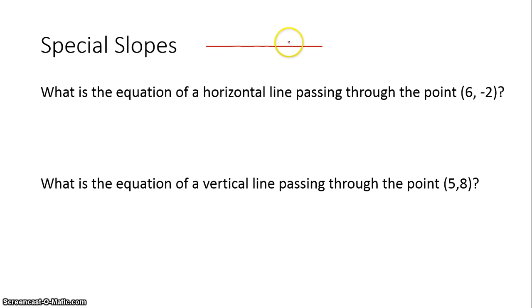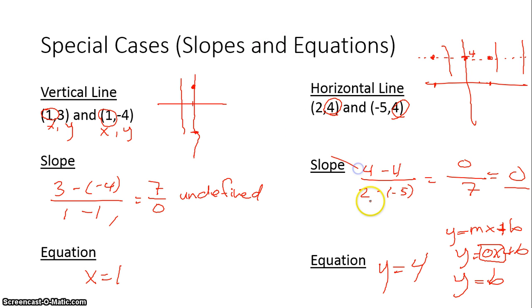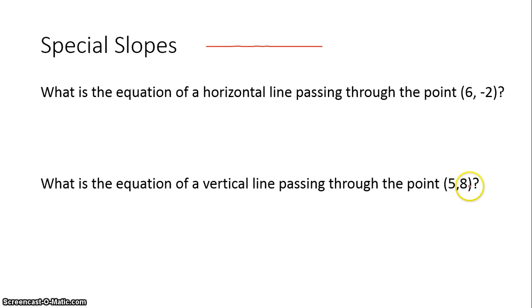If we look back at our previous example, a horizontal line took the equation form of y equals 4, wherever y equaled 4. So here, we know we have a horizontal line, so we know it's going to look like this, or like this, depending on what my y is equal to. So here I have my x and my y. Well, my y is negative 2, so y is equal to negative 2.